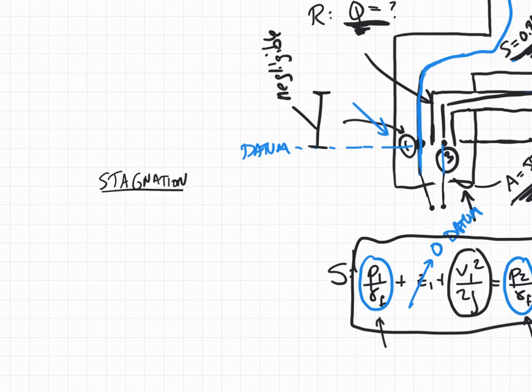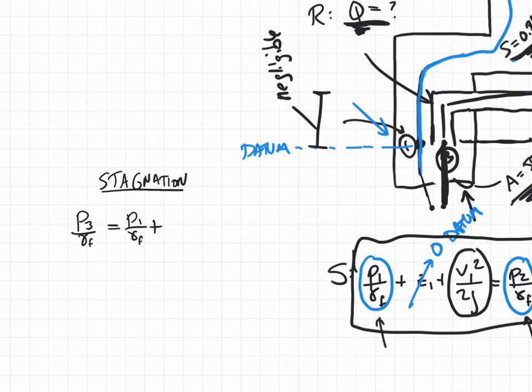But then as this one approaches, the velocity along this streamline is converted into pressure right here. So basically, the pressure at 3 over the gamma of the fluid is the same as the pressure at 1 over the gamma of the fluid, except it's been elevated. It's been elevated by basically all that velocity being slowly turned into pressure.